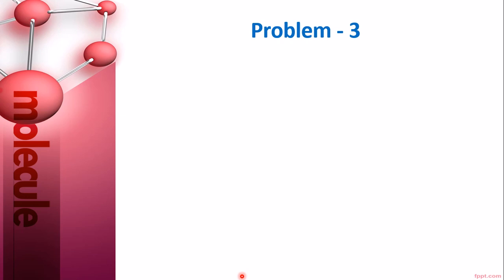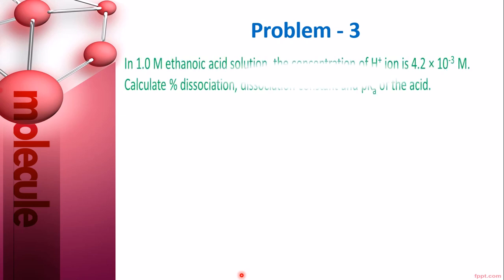Another one, problem 3. In 1 molar ethanoic acid solution, the concentration of hydrogen ion is 4.2 into 10 to the power minus 3 molar. Calculate the percentage dissociation, dissociation constant and pKa of the acid. Here you have to calculate the degree of dissociation. The concentration C and the concentration of hydrogen ion are given. You have to calculate the degree of dissociation, the dissociation constant Ka and also pKa.